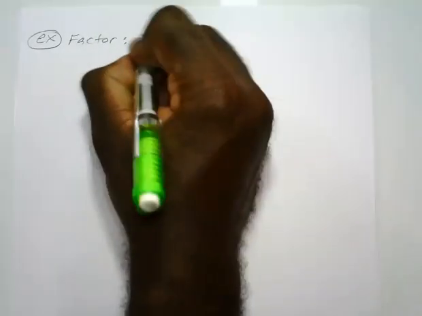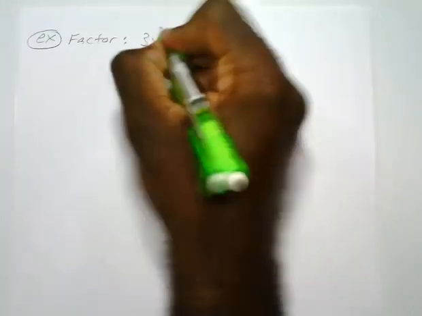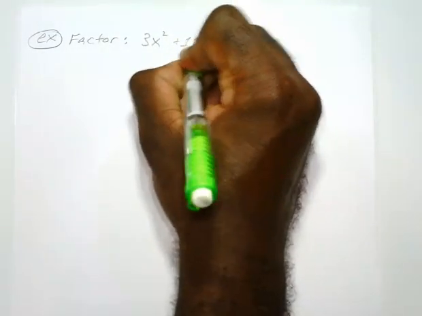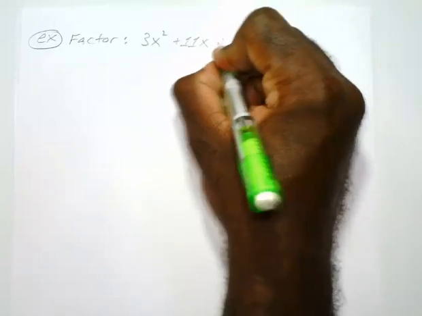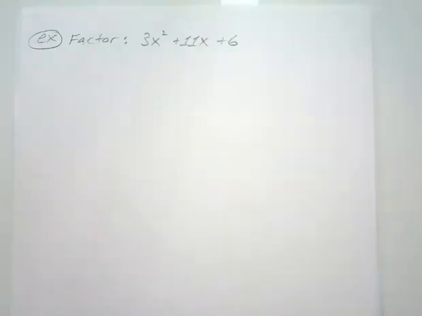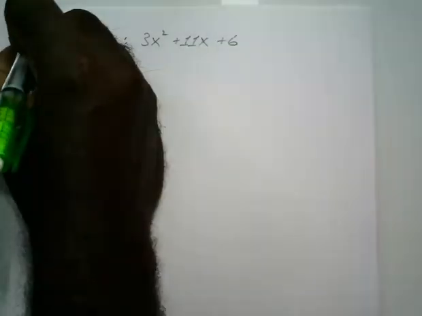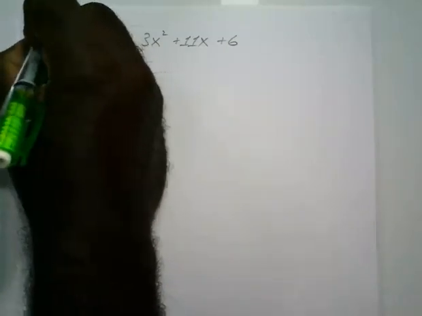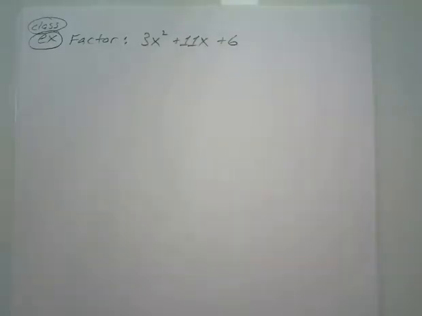Let's say for this example, we want to factor 3x squared plus 11x plus 6. What I want you to do is press pause and try this one for yourself. Use the exact same steps from the previous two examples.